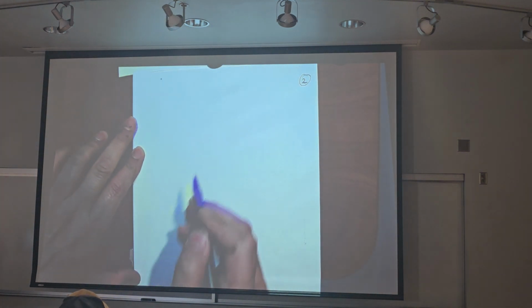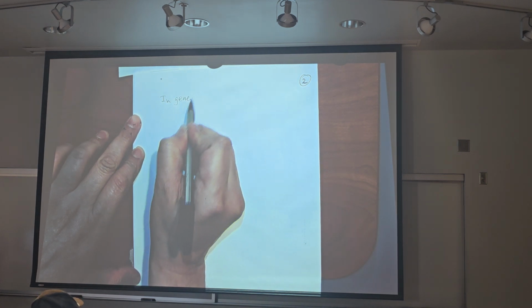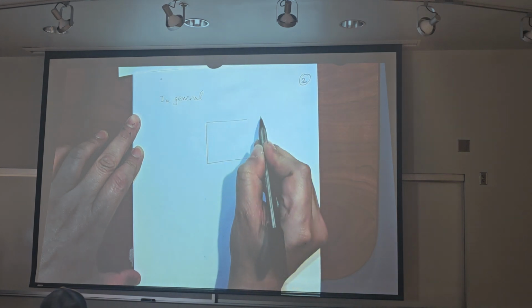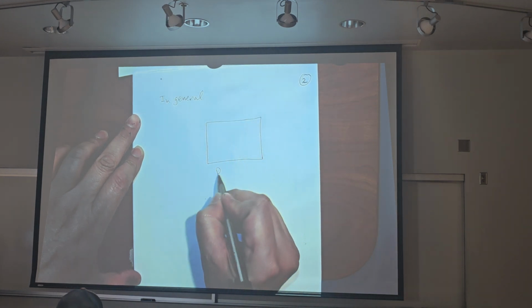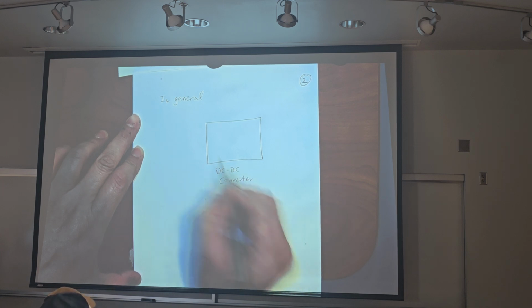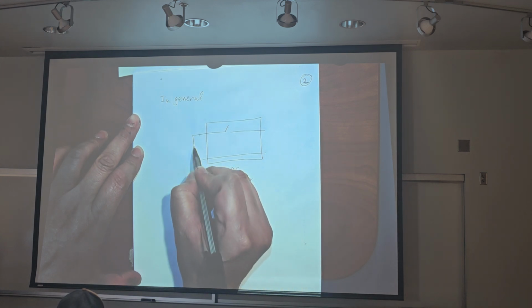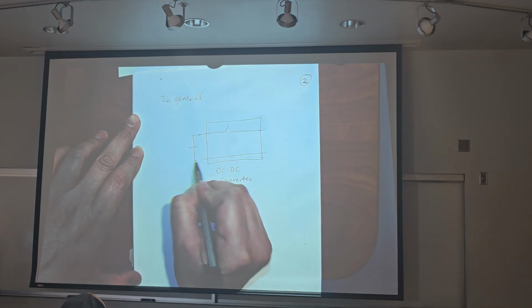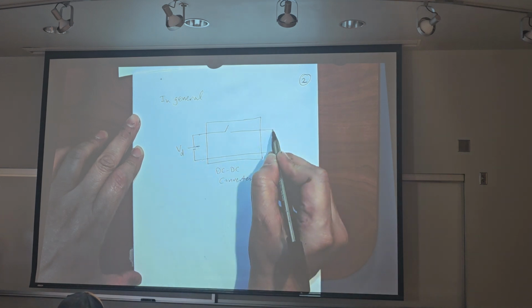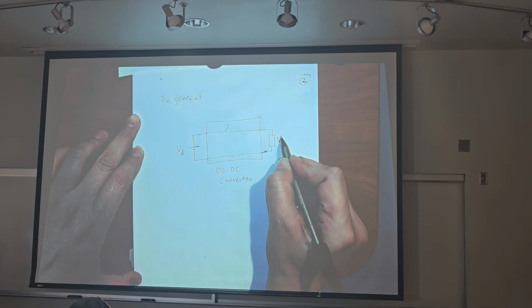In general, this is the DC to DC converter with a switch, and this is V G, and this is V out.